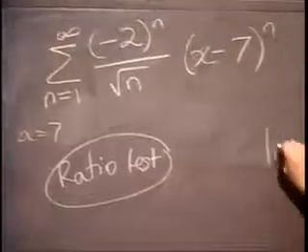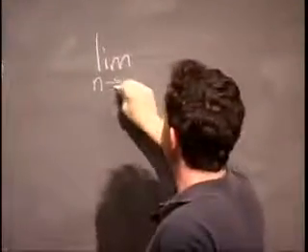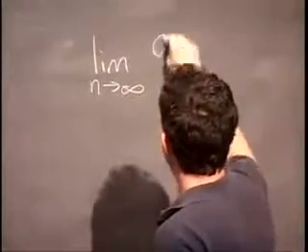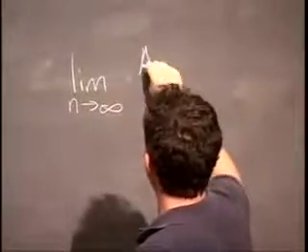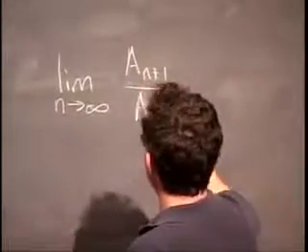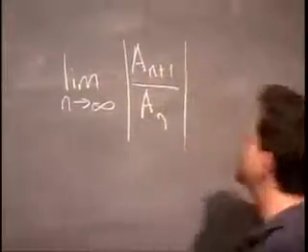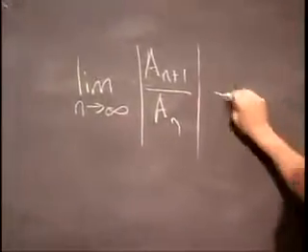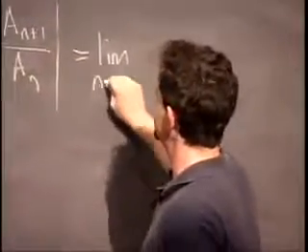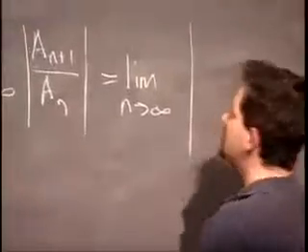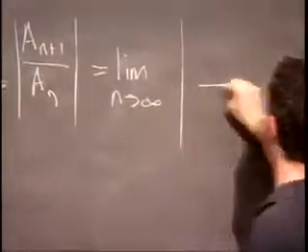So the limit, as n goes to infinity, of, I don't know what to call it, maybe I'll call it capital A_n plus 1 over A_n, and here it's vital that you have the absolute values, is, all I do is copy the exact term down the bottom of this huge fraction bar.